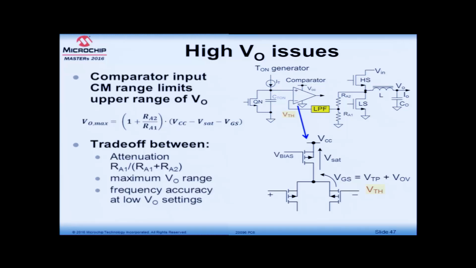Where is the limitation coming from? It comes from the common mode range of the comparator. These comparators, because they also have to work with a very low value of thresholds, are typically designed as a PMOS input stage.